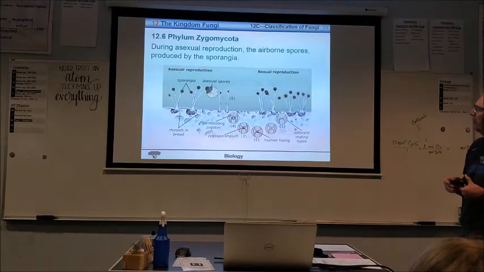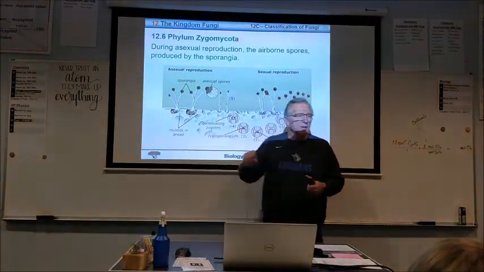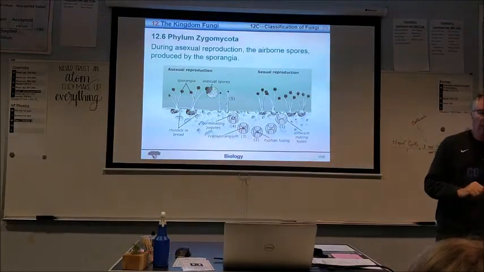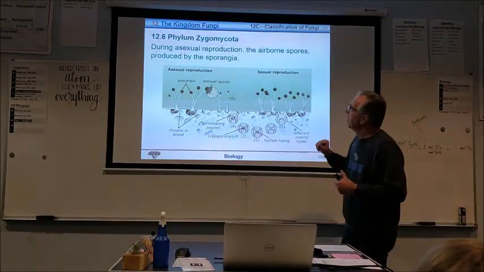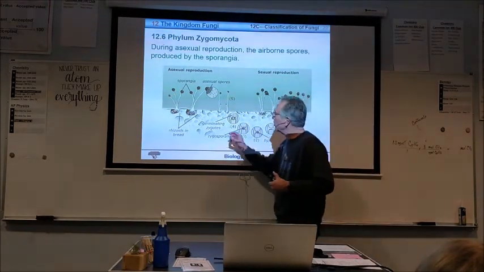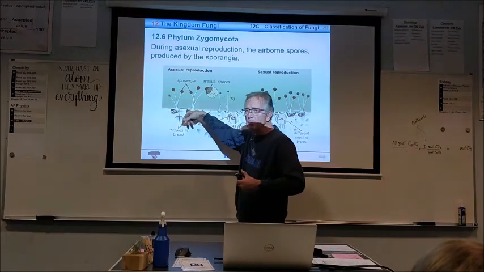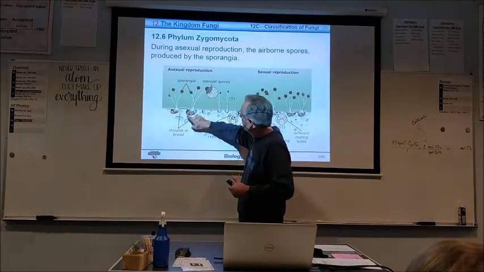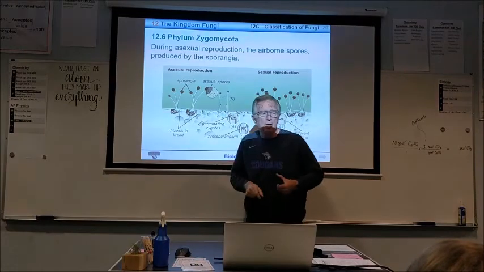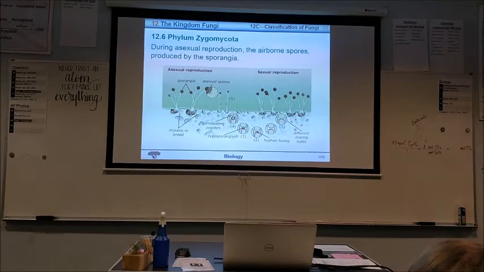Now, let's imagine this down here is bread with the little bubbles in the bread. And this would be the Rhizopus bread mold kind of growing into the surface of the bread. What are these root-like structures on them called? We had that yesterday. What are the root-like structures called?